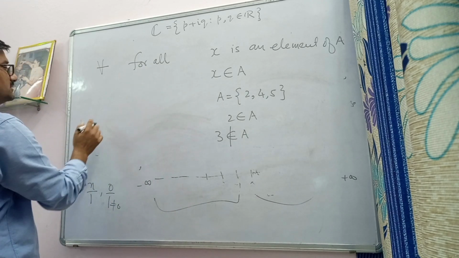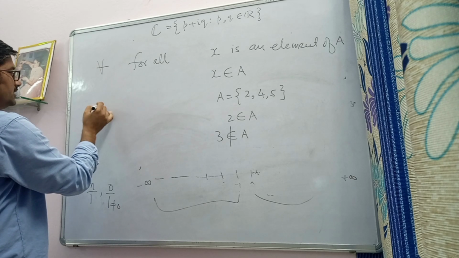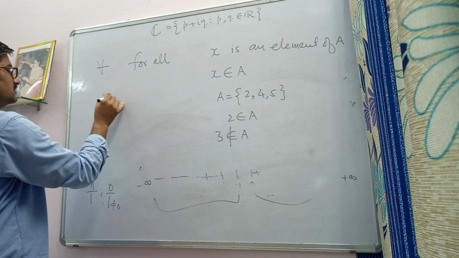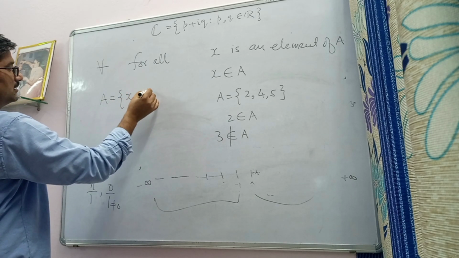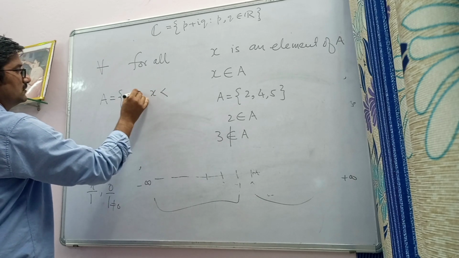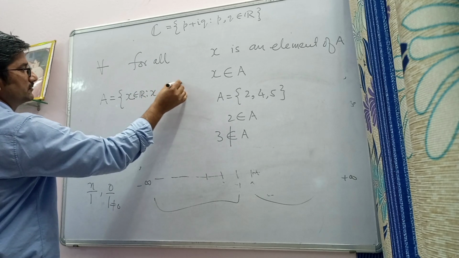For all means a particular property is satisfied in a set. Say set A is x such that x belongs to R, where R is the set of real numbers, and x is less than 2.